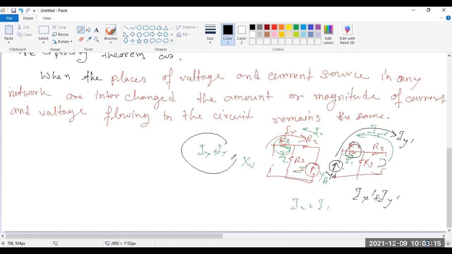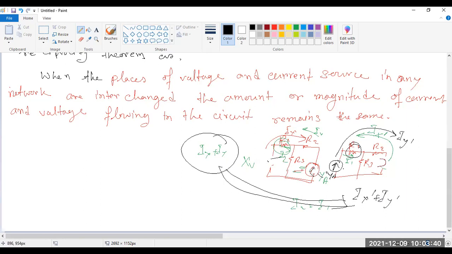So this and this amount are the same, because it is just replacing, but its direction was just identical to these sources. Okay, so direction may be changed, but the magnitude of the current and the magnitude of the voltage will be the same, because no extra sources will be reduced or included.